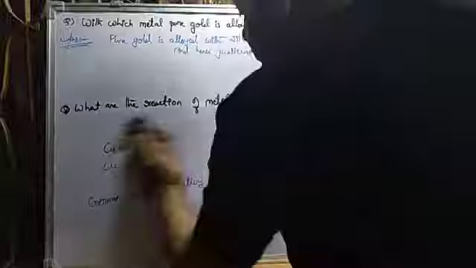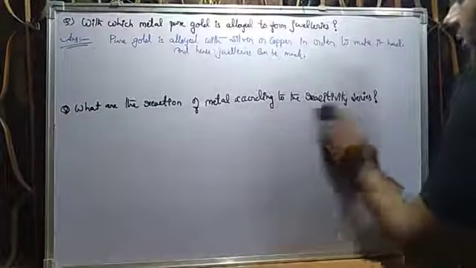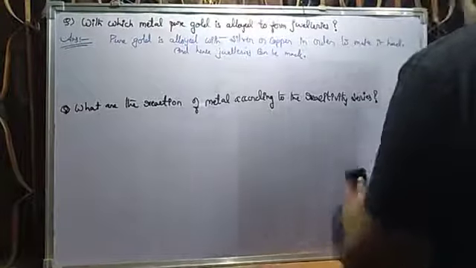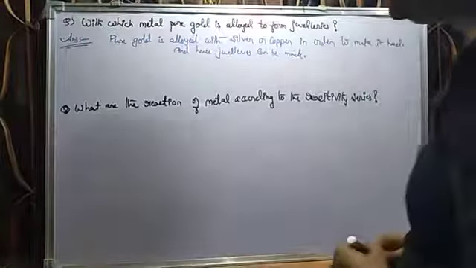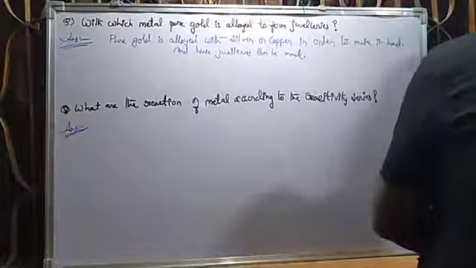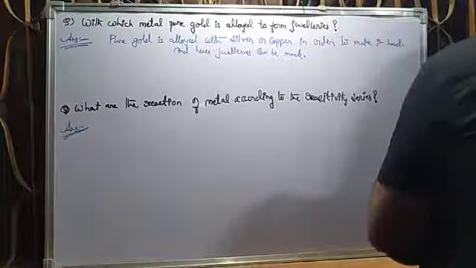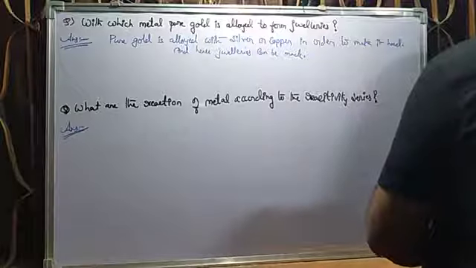Let's talk about the next question here, which is asking what are the reactions of metals according to the reactivity series. We know that the reactivity series is the arrangement of metals according to their reactive nature.